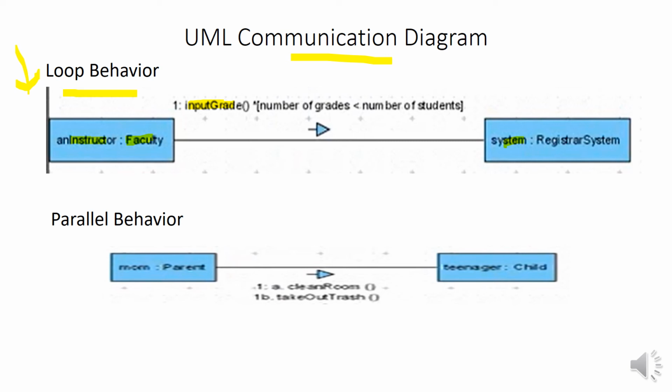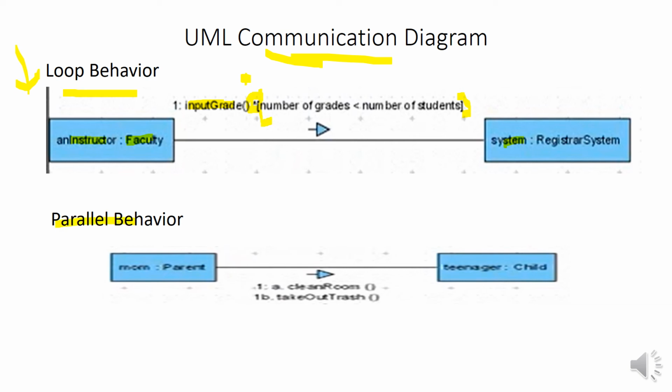So the loop keeps on executing, the instructor keeps on entering the grades until all student grades are entered. This asterisk shows the looping behavior. So in the communication diagram we show the looping behavior with the help of an asterisk, and the condition will be inside the brackets.